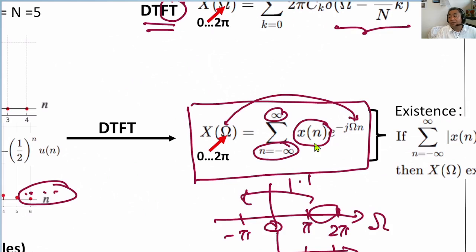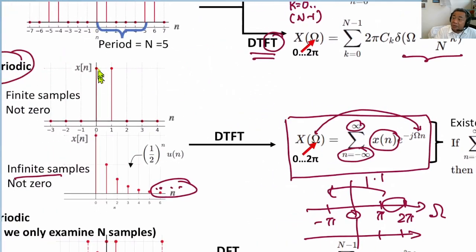And therefore, it's obvious now that you can only compute this sum when xn has a finite number of non-zeros. Here there are 2 of them. The rest are 0, so we don't care. This equation reduces to the sum of n equals 0 and n equals 1, because at these 2 points the rest are 0. So it's very, very easy to find the DTFT when the samples are of finite support. That means only a finite number of them are non-zero.